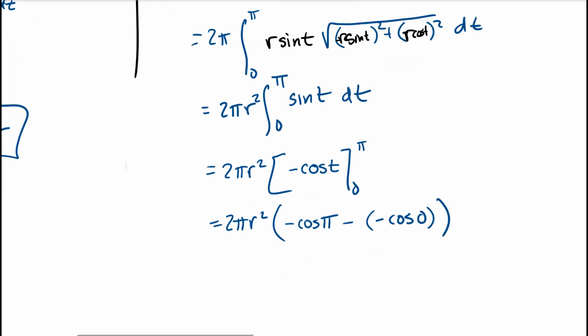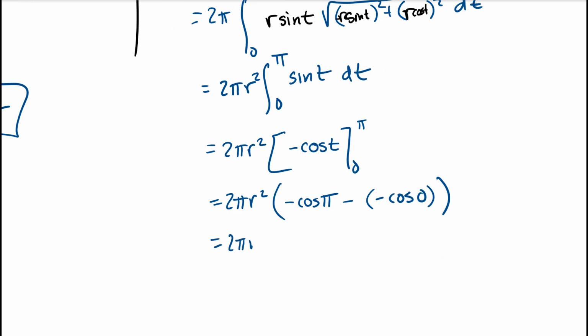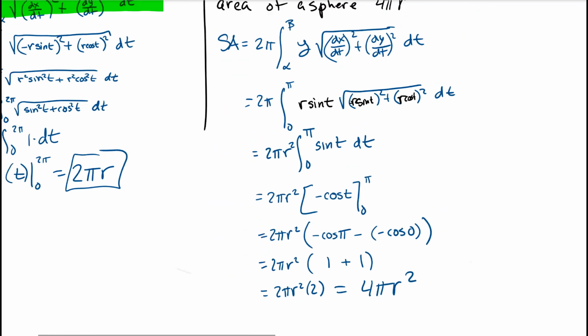I think we nailed that one, right? So this is going to become 2 pi r squared and negative cosine of pi. Well, cosine of pi is negative 1, and negative 1 is 1. Minus a negative is a positive. Cosine of 0 was 1, so we had 1 and 1, and that's 2. We have 2 pi r squared times 2, and ta-da, 4 pi r squared.